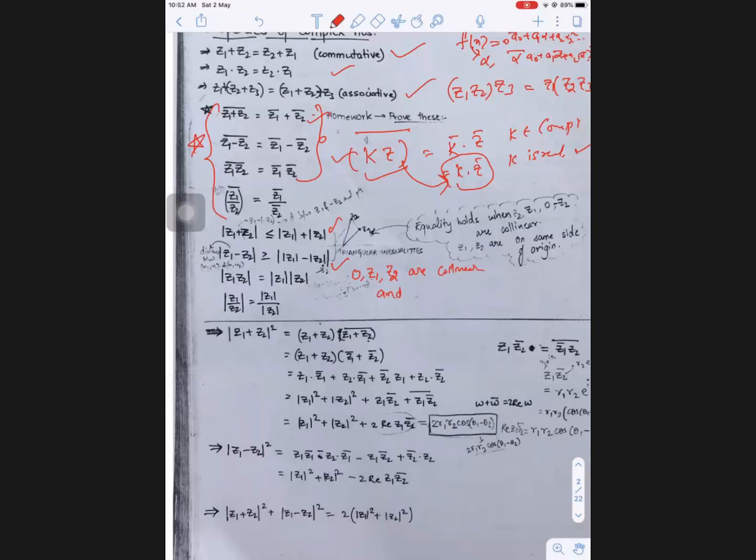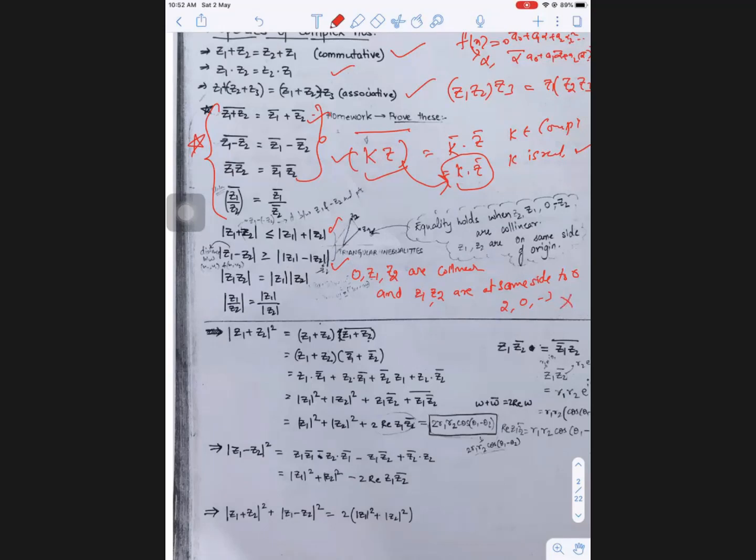and one more extra condition is that Z1, Z2 are on the same side of the origin. Because if they are collinear also, for example, if Z1 equal to 2 and Z2 equal to -3, then no doubt it won't be satisfied. Because Z1 plus Z2 is giving -1, but separately mod Z1 and mod Z2 are 2 and 3.